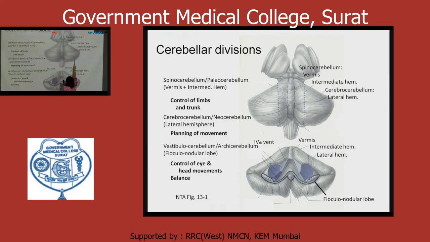The cerebrocerebellum, or neocerebellum, functions in conjunction with the motor cortex and the association area, and it is involved in the planning of movements. The third division of the cerebellum is the vestibulocerebellum, or archicerebellum.